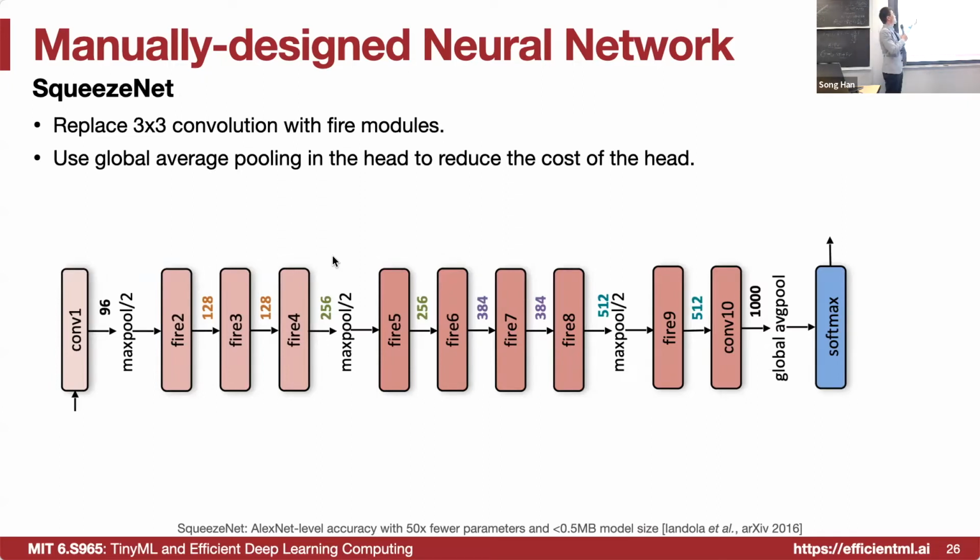Okay, so it replaces 3x3 convolution with the Fire modules, and also uses global average pooling in the head to reduce the area, the overhead of the head. Okay, so global average pooling is basically pooling over the XY dimension to get a single 1x1 by channel tensor. So here, since we have 1,000 classes, the channel number is 1,000 in the last layer.